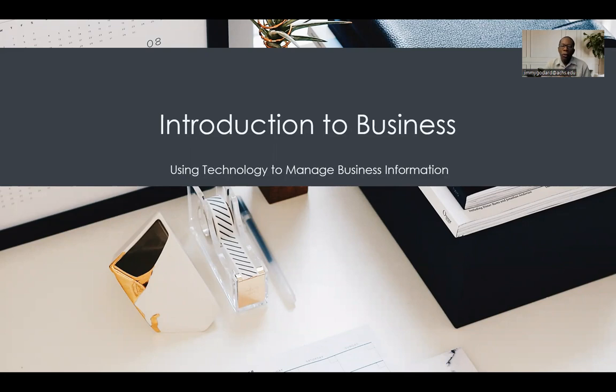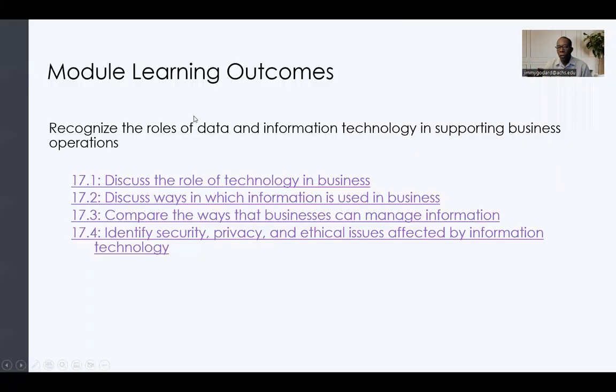And today we're going to talk about using technology to manage business information. This is a very interesting topic because it is so relevant to businesses and information technology as we use it today.